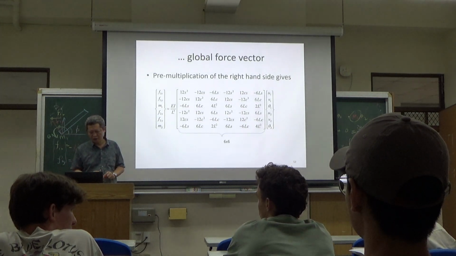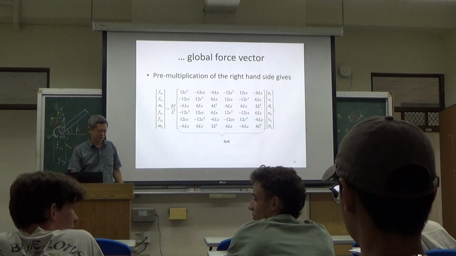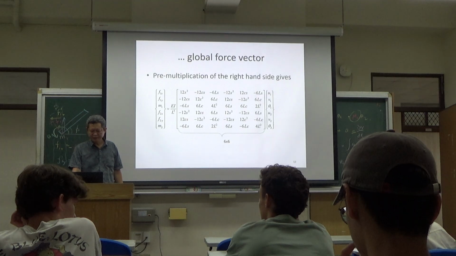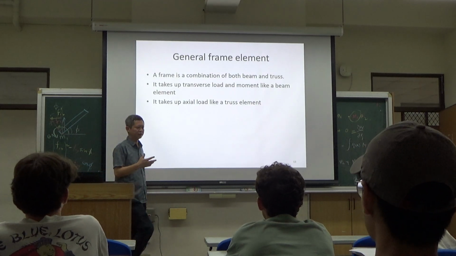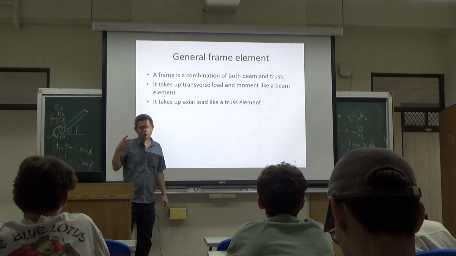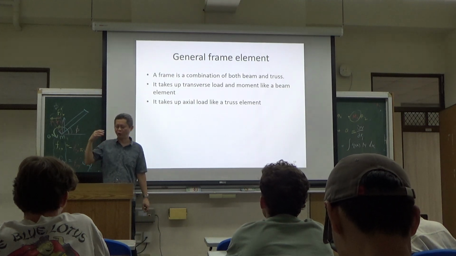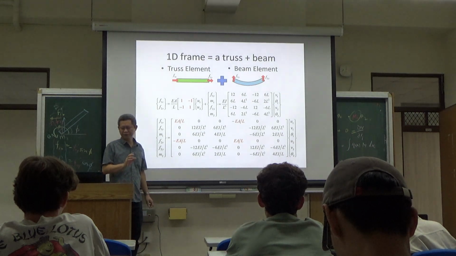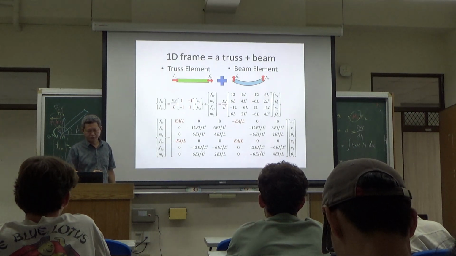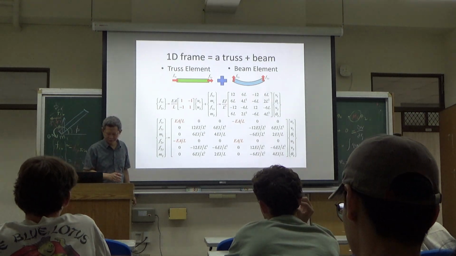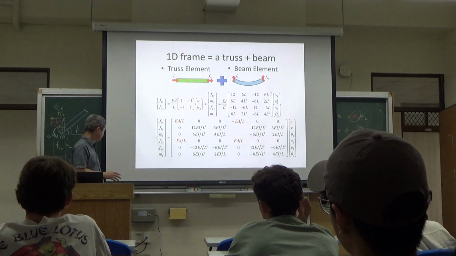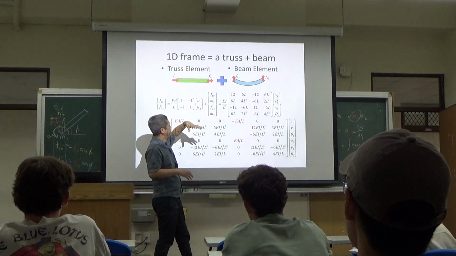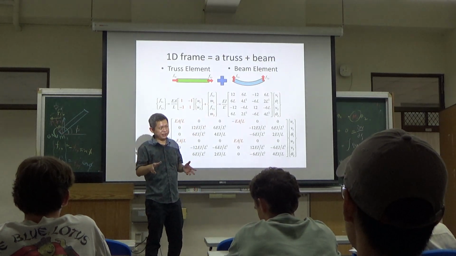So after you have all done the beam stiffness and beam forces, okay, what's next? The next part of interest is you can combine the beam with a truss to make a frame. Okay? So what's good use for that? Okay, now you see, because you have a truss and you have a beam, they contribute to different coordinate.